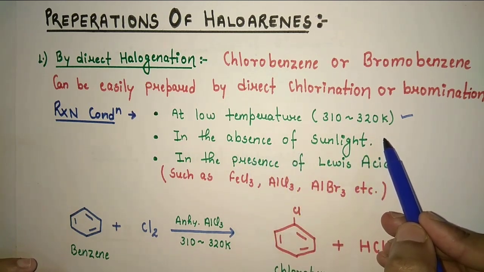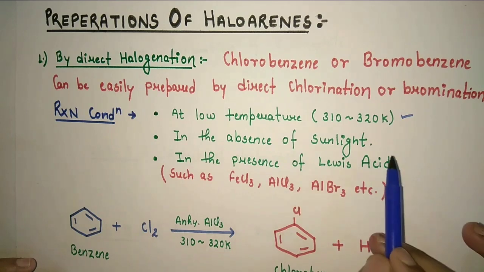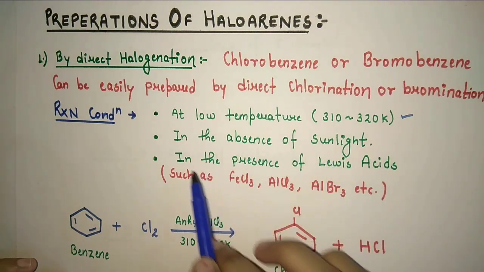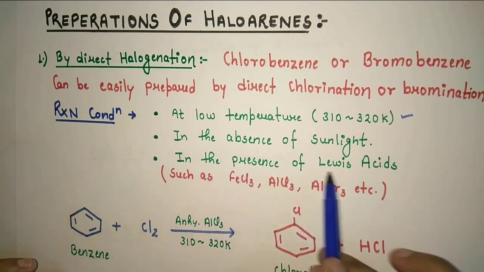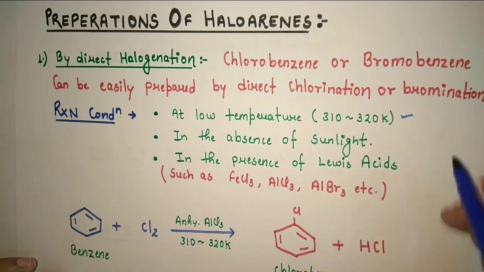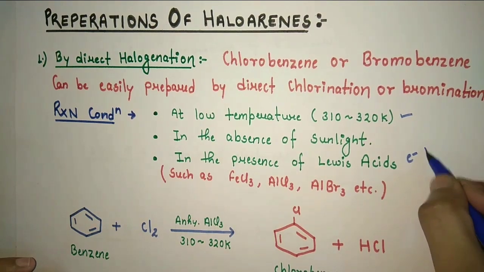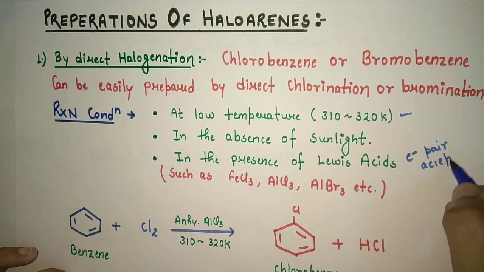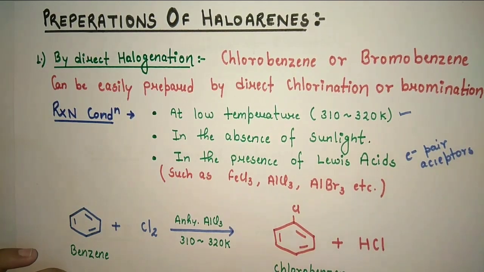I will also tell you what happens in the presence of sunlight. The next condition is the presence of Lewis acids. Lewis acids are electron pair acceptors, such as FeCl3, AlCl3, AlBr3, etc.